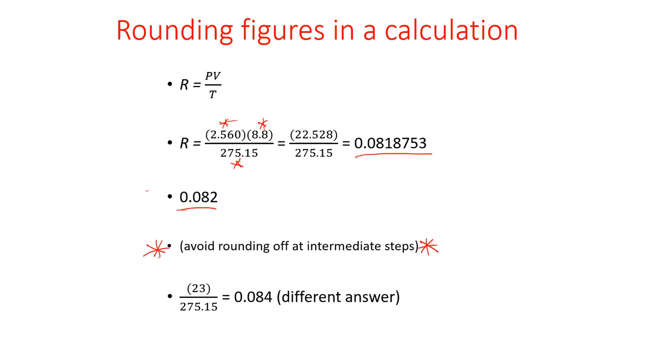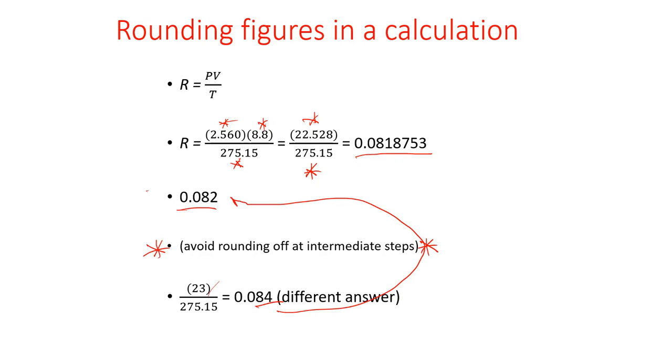So what happens if I decide to round off this problem here? I'm going to have 23 instead of 22.528 over 275.15. And then I get 0.084.